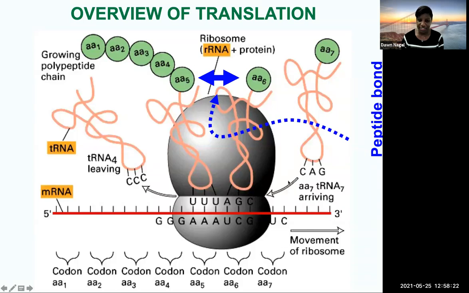So this is kind of an overview of what translation looks like, right? You have these big gray bubbles, which are your ribosomes. The amino acids are in green. And you have your tRNA that's shown in this pink, orange kind of color. tRNAs contain the amino acid, right? So they will bring in the amino acid.